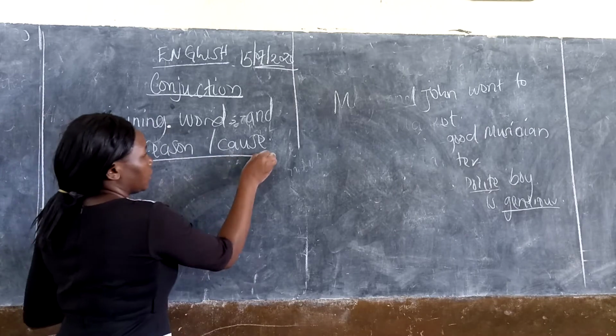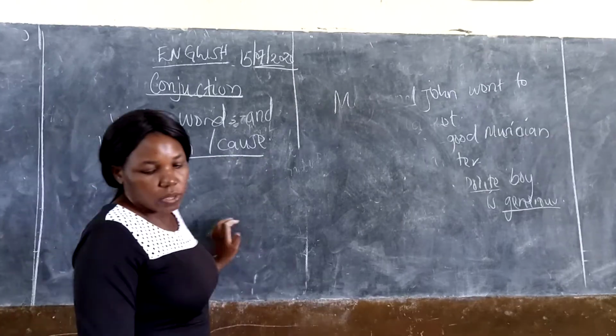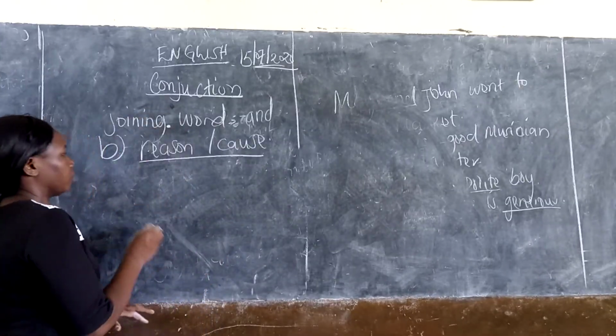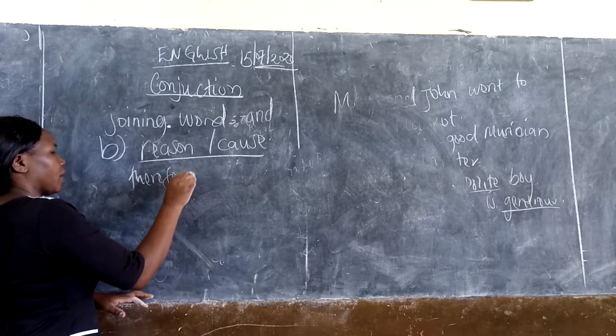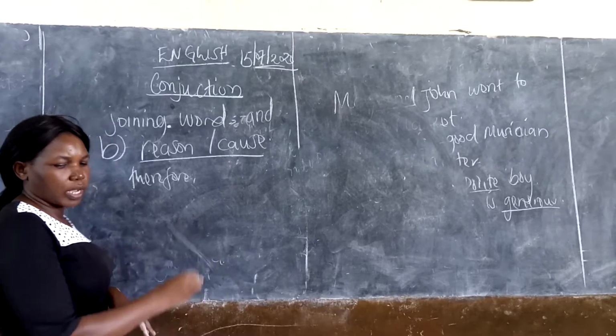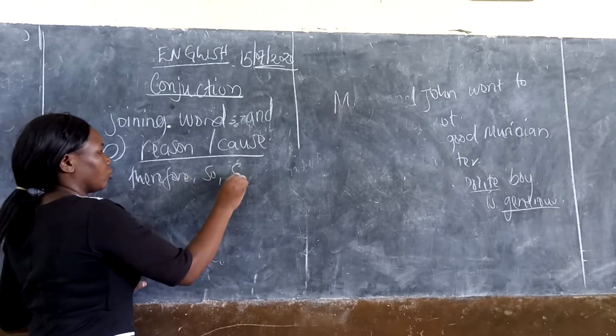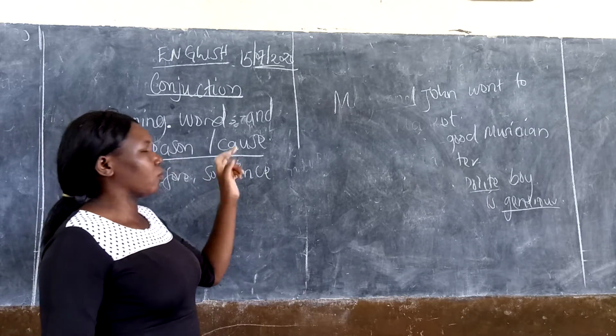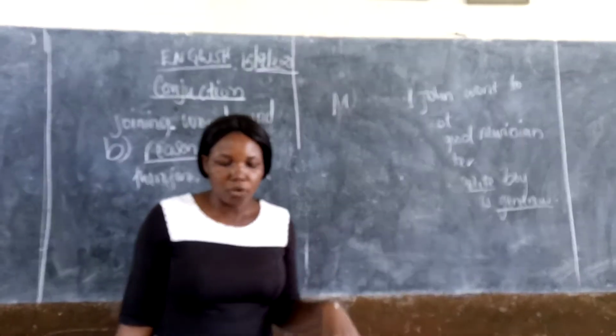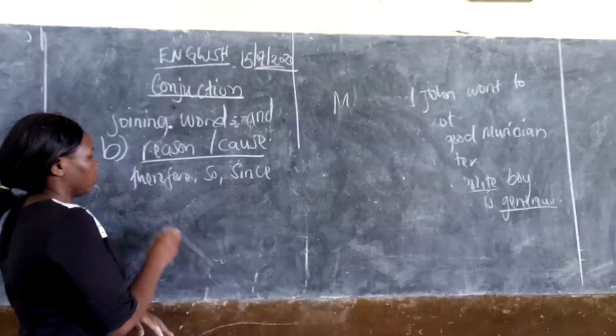This is B, another type of conjunction. We are talking about therefore, so, since, and because. These are examples of reason why something happened.